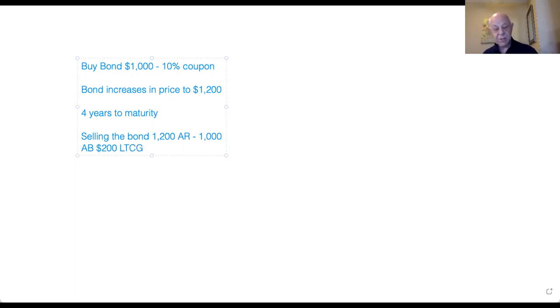And you pay tax at 20%. And what you do is you immediately repurchase the bond. So we repurchase the bond for $1,200. Well, now we're going to amortize the $200 against the interest income that we would have picked up otherwise.